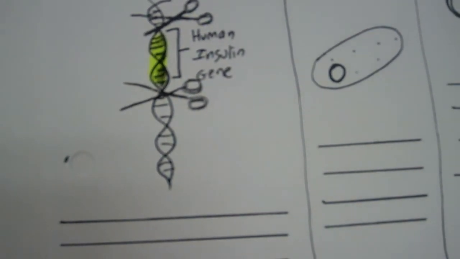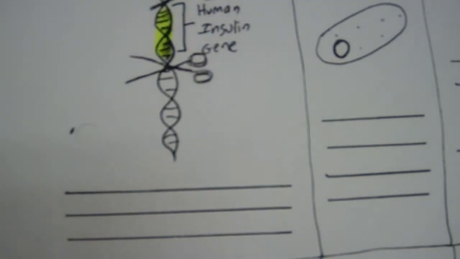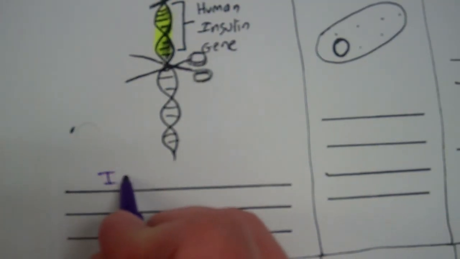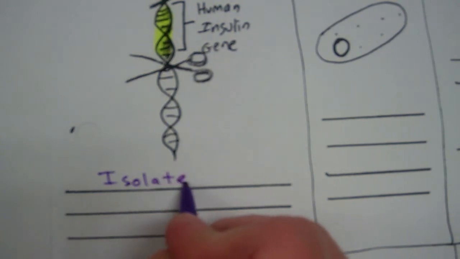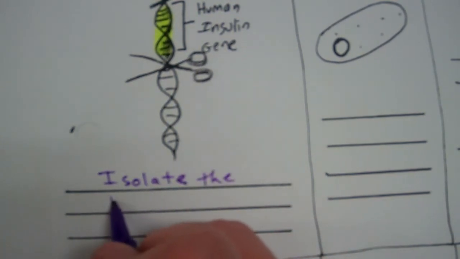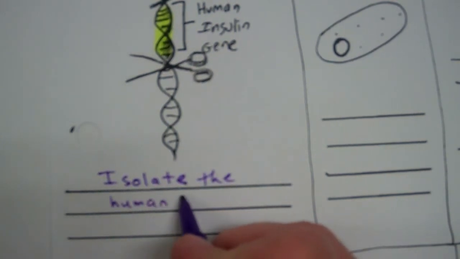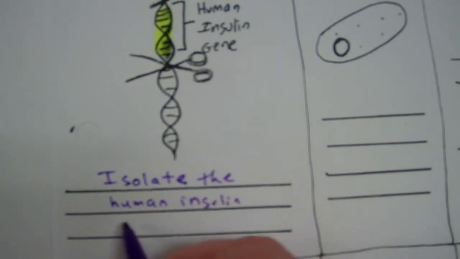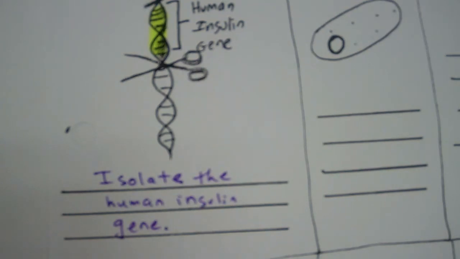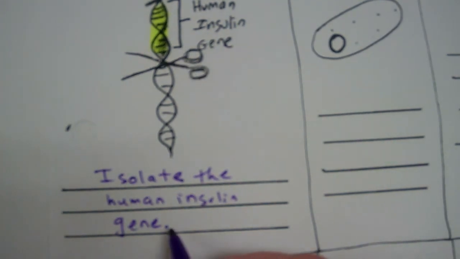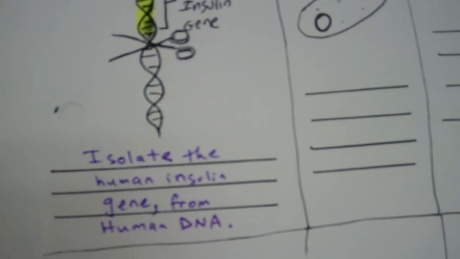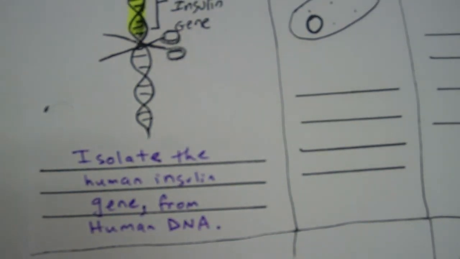So when we do that, we say that we are going to isolate the human insulin gene. Okay, and we're isolating that human insulin gene from human DNA, of course. So that's one source of DNA.